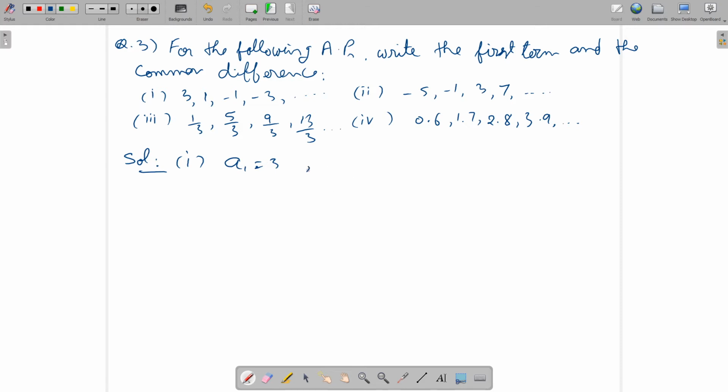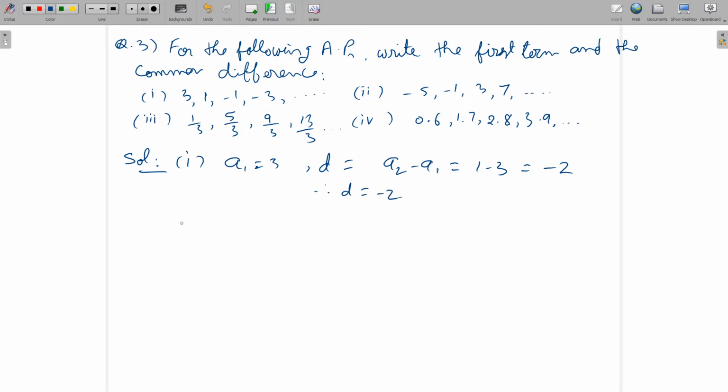The common difference we always denote by D. D is the difference of A2 and A1. So D equals A2 minus A1, that is 1 minus 3, which is equal to minus 2. So D is minus 2.